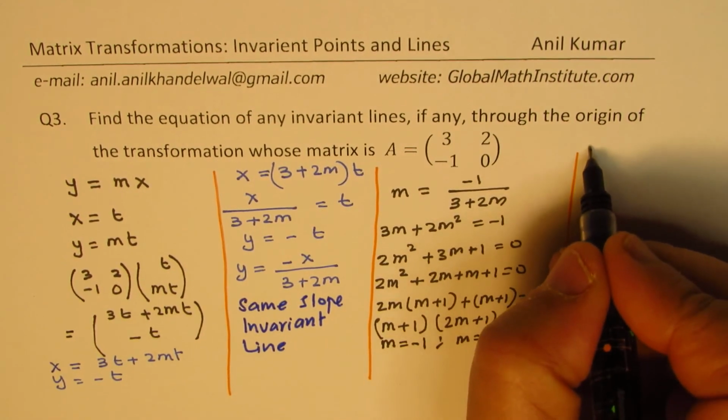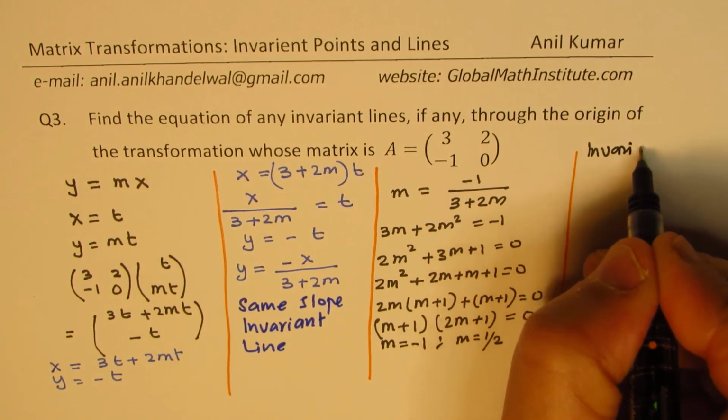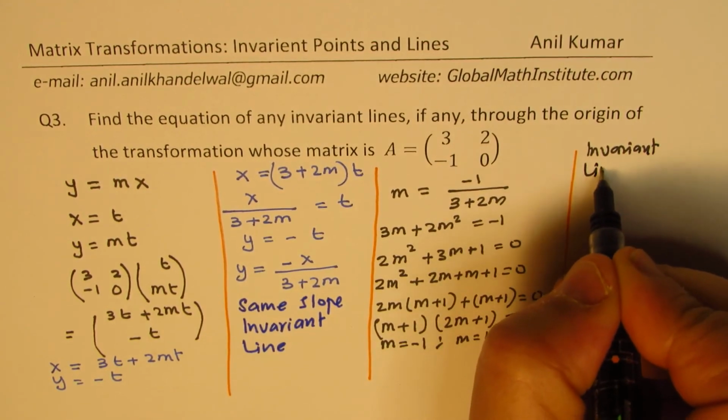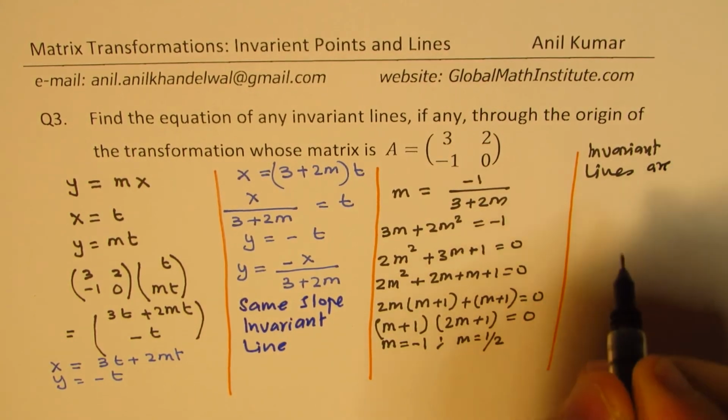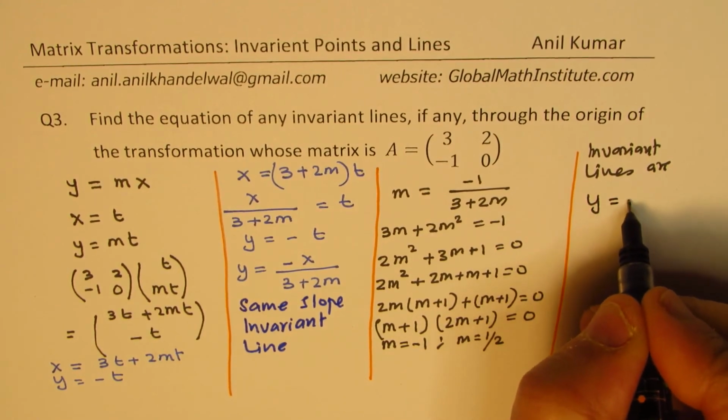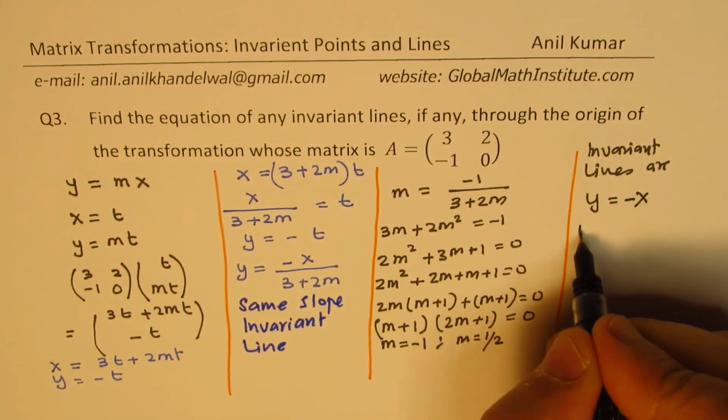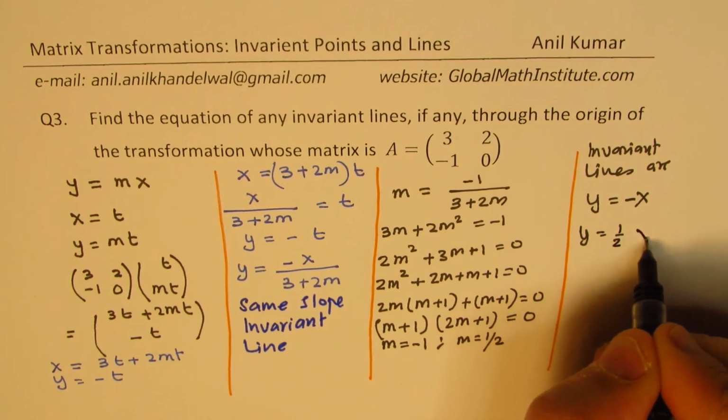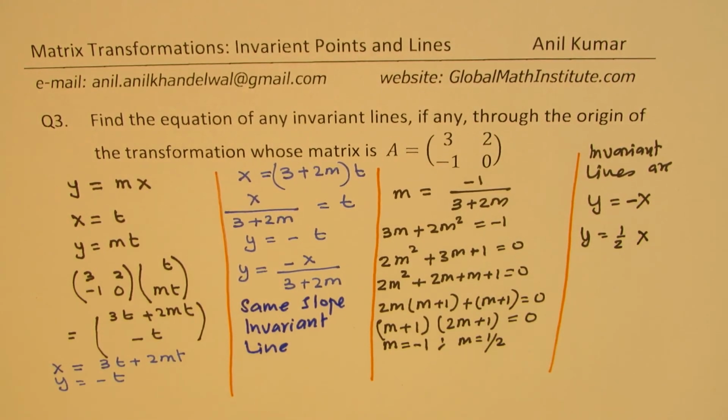So we can say that the invariant lines are y equals minus x and y equals minus half x. So these are the lines which will be invariant for the given transformation. Perfect. So that is how we can find invariant lines through the origin. So I hope that makes sense.